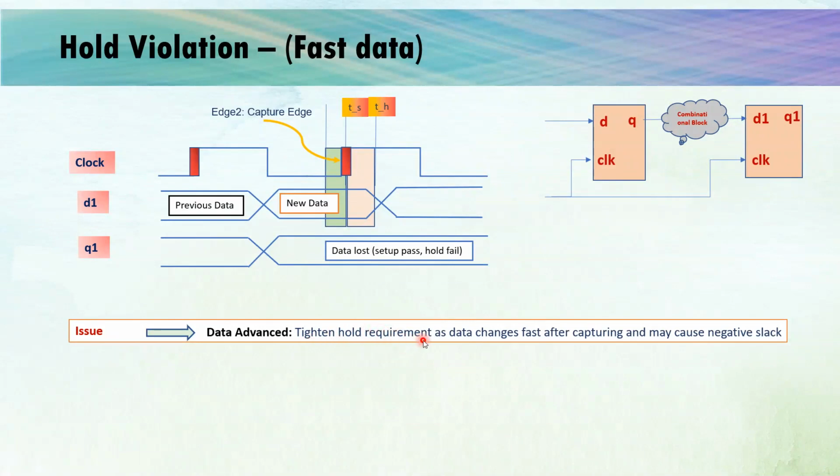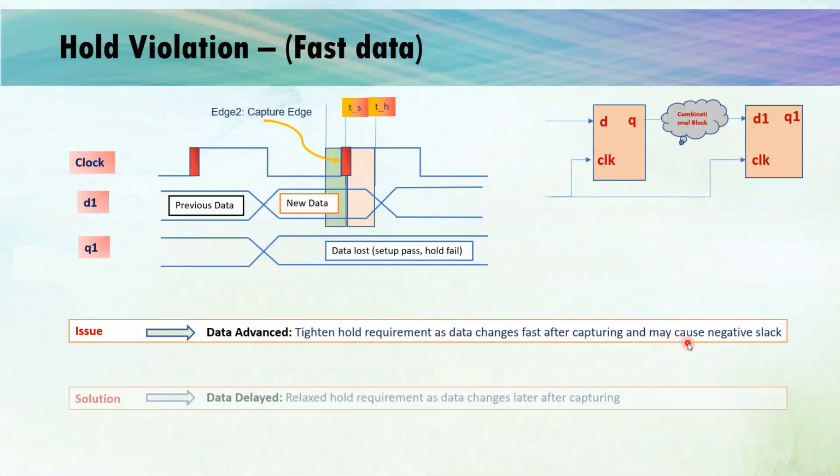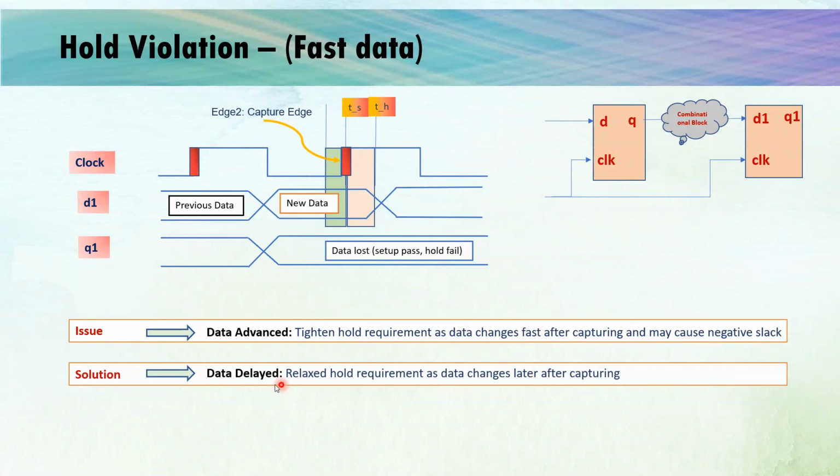So it tightens the hold requirement as data changes faster after the capturing edge, and that may cause some negative hold slack. The solution for this is if we can somehow delay the data. So delayed data will help in a positive sense for the hold analysis, as it relaxes the hold requirement as data changes later after the capturing edge.